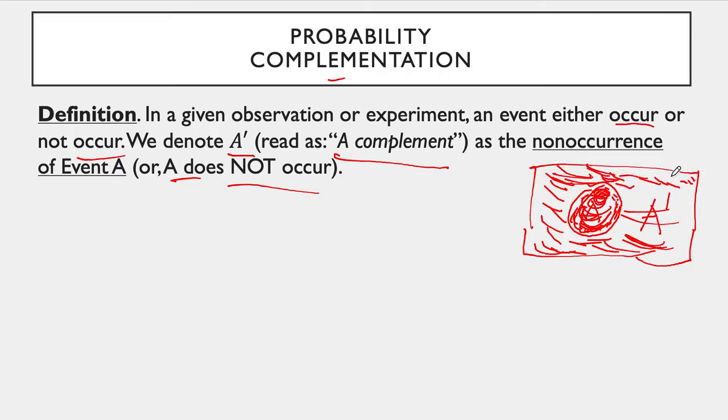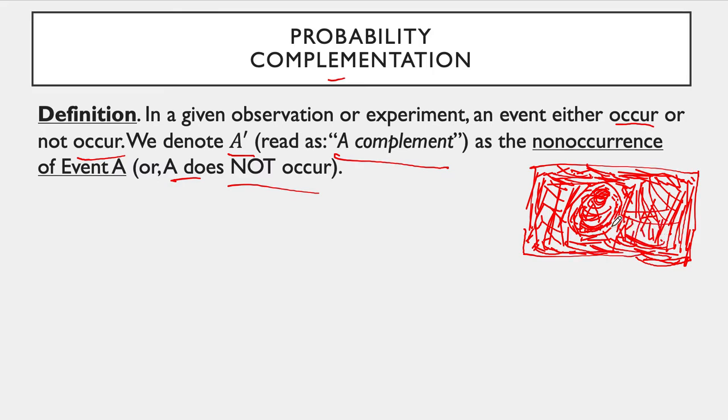Notice what part, or how many percent, of the rectangle has been shaded. If we shade both A and A complement, clearly the whole rectangle is shaded.